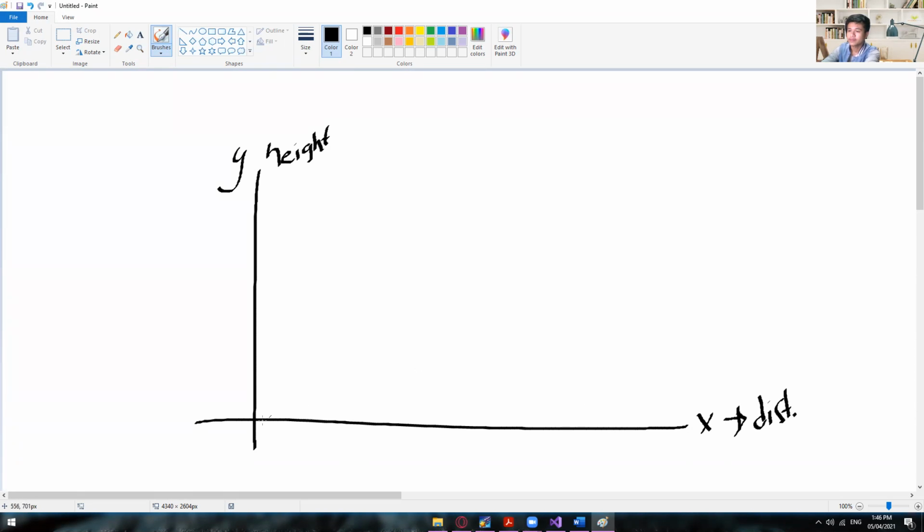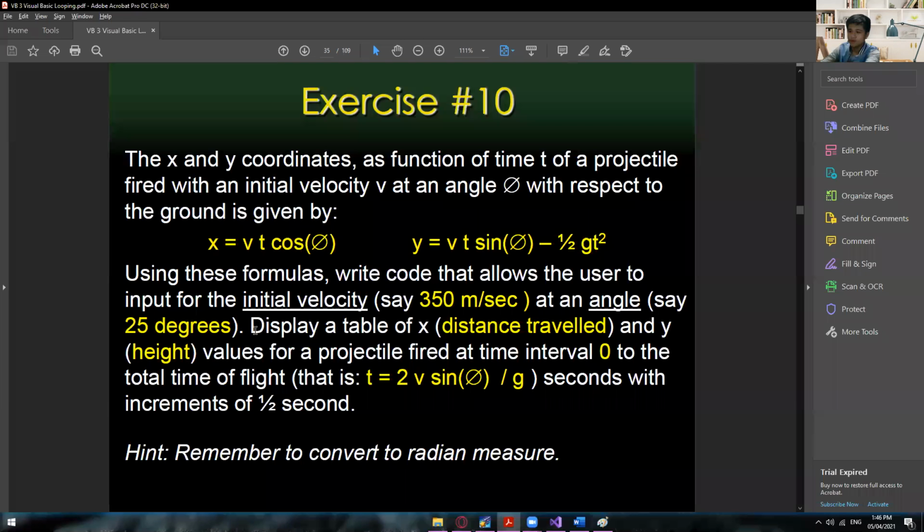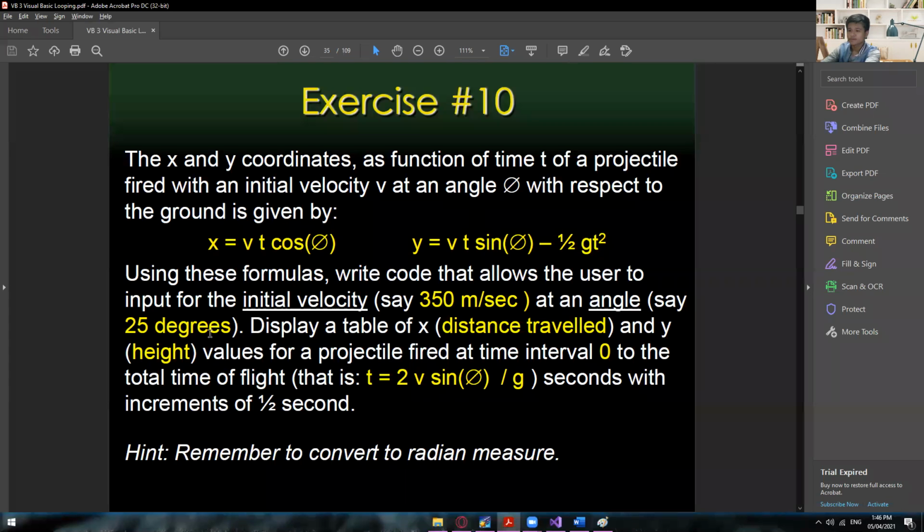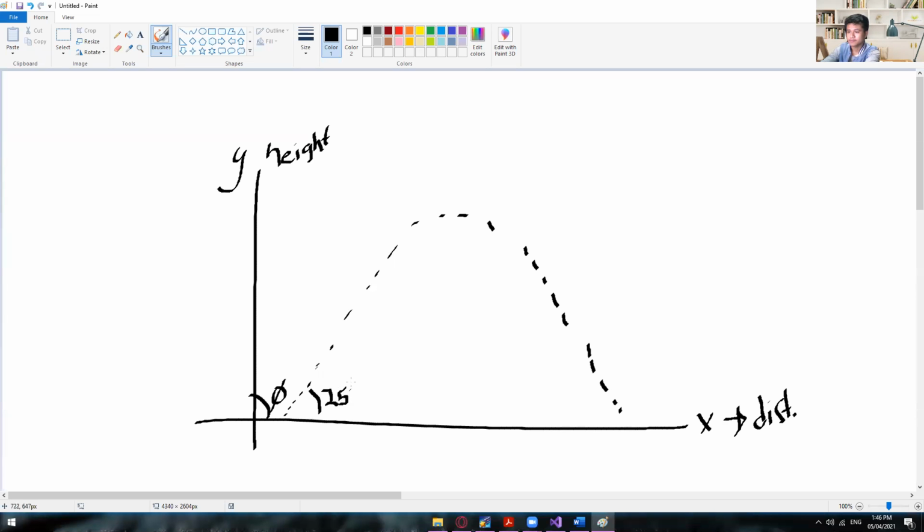Let's say we have this angle right here, theta, and let's say you have fired an object, starting from 0, with a velocity of 350 meters per second at an angle of 25 degrees.